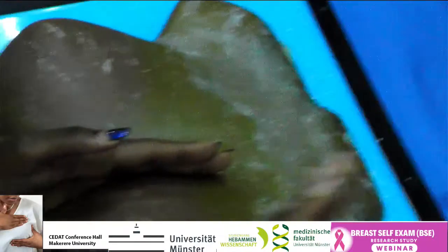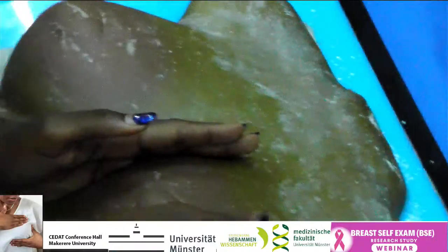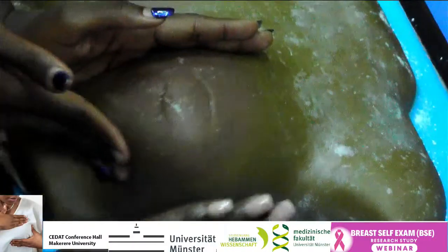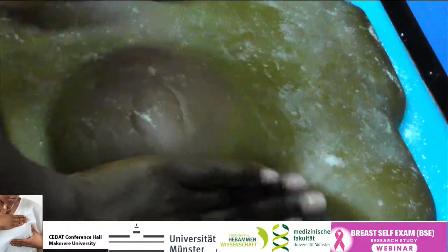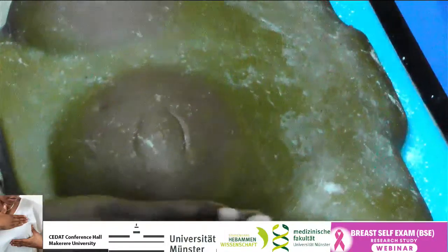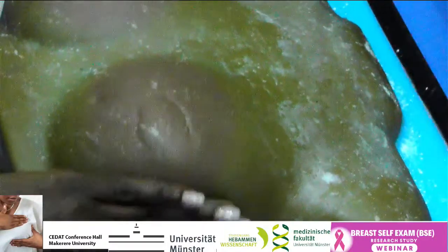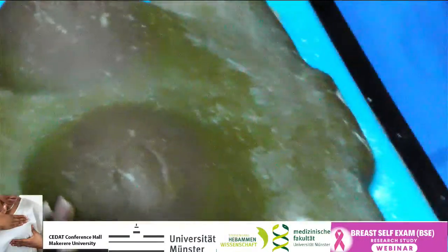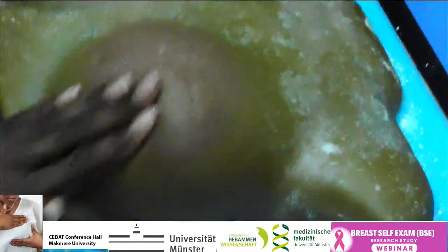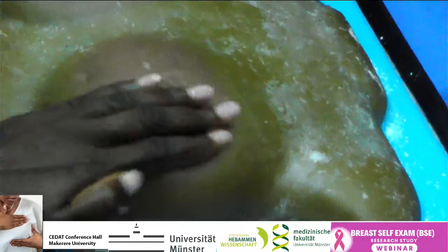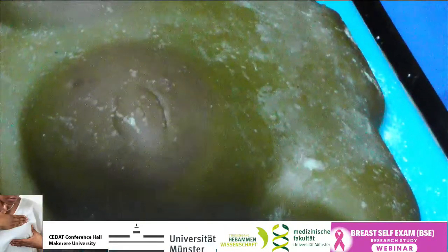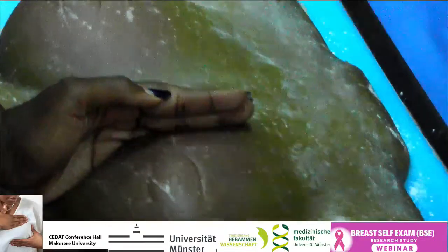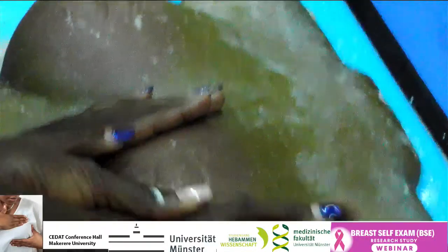You need to have a continuous motion, because if it's not continuous, you will skip some points. Okay? You look at how I do it. You see? I don't skip, because if you skip, meaning you're going to miss some points. You see how I move? You just move through. You don't do this. Okay? You do it and we see. Imagine it's your breast.